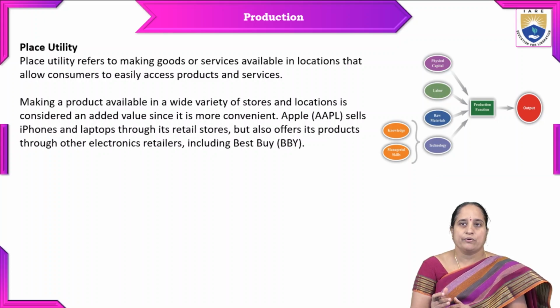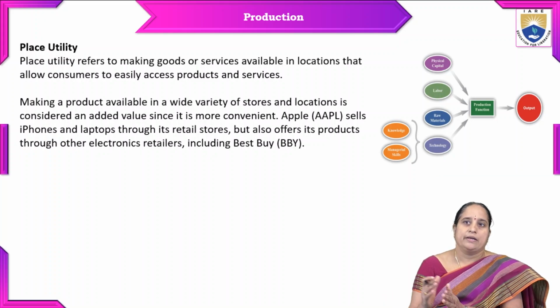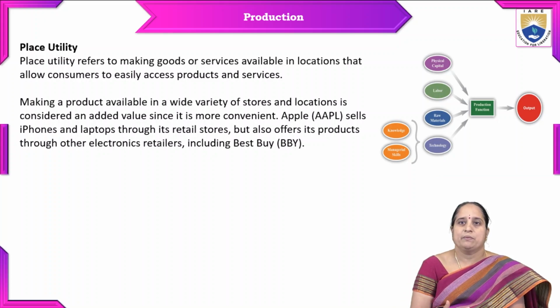So making a product available in a wide variety of stores and locations is considered an added value since it is more convenient. For example, if you're talking about Apple iPhones, they have their own retail stores through which the consumer can easily make purchases.